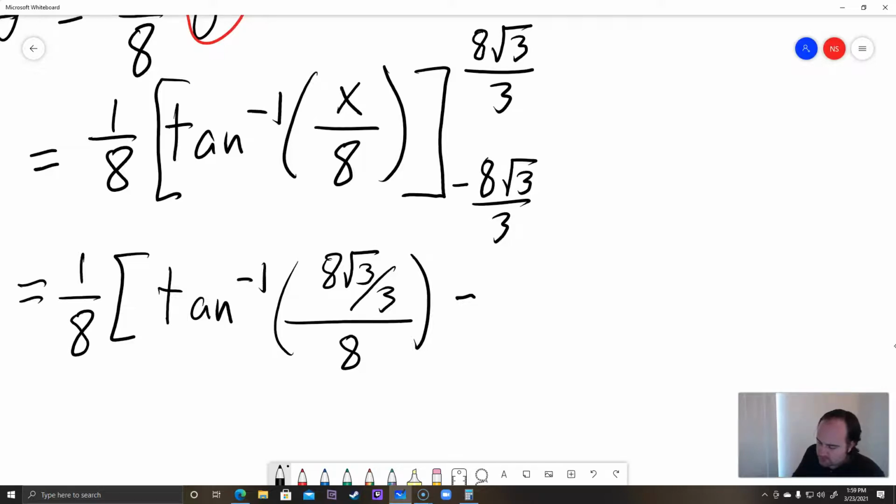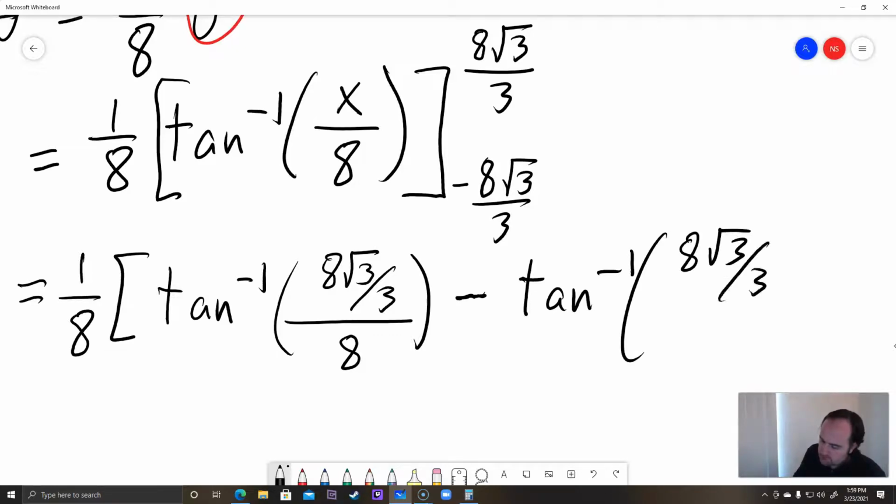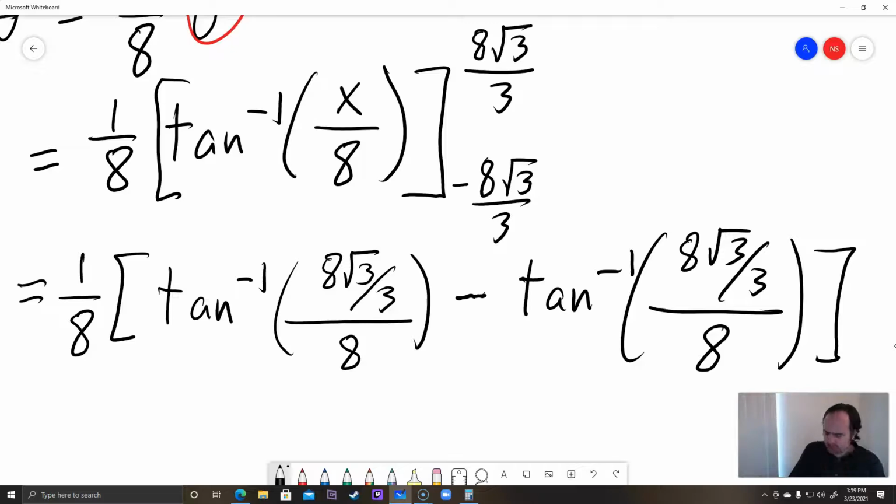So minus tan inverse of negative 8 root 3 over 3 over 8. I forgot my minus there, that one's supposed to be negative. All right, so quite a bit going on there, but we're almost through to the end.